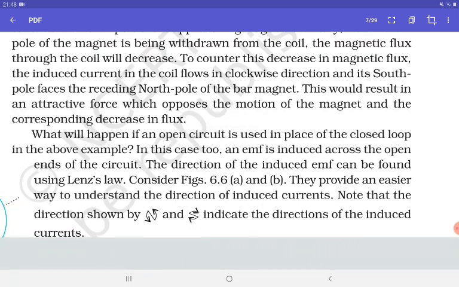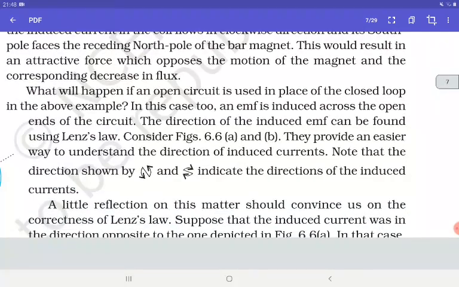This would result in an attractive force which opposes the motion of the magnet and the corresponding decrease in flux. What will happen if an open circuit is used in place of closed loop in the above example? In this case too, an EMF is induced across the open ends of the circuit.